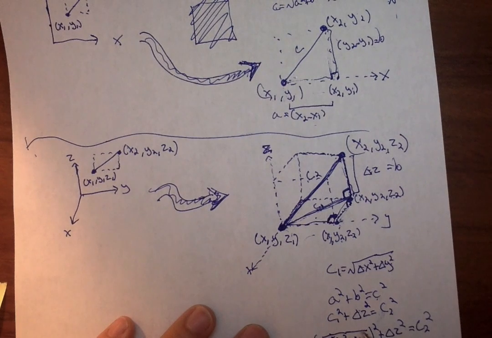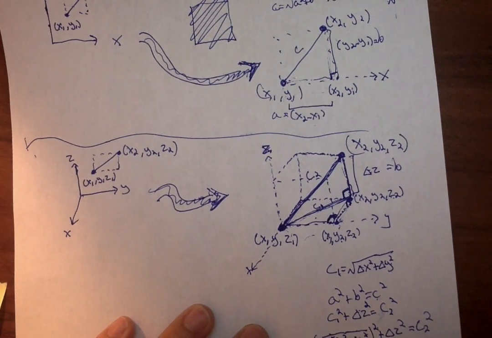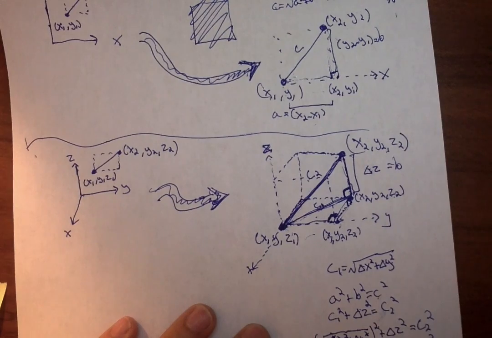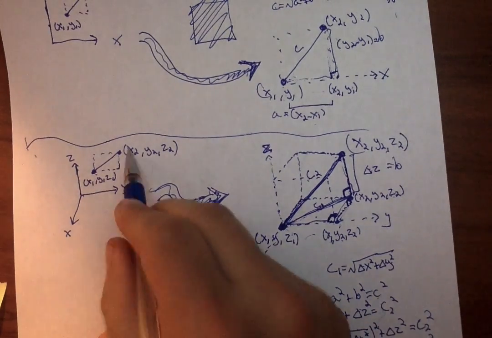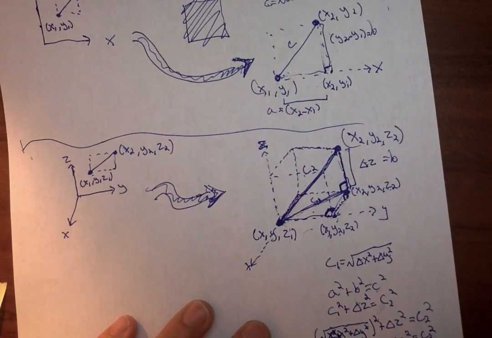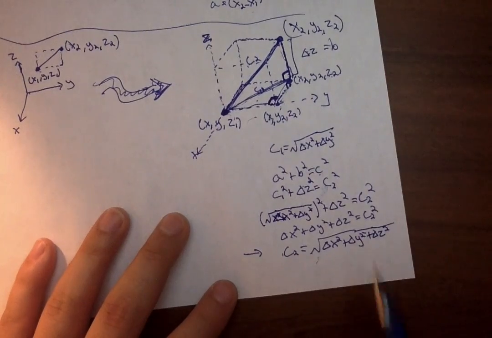You notice the square root cancels the square here, so I'm going to get change in x squared plus change in y squared plus change in z squared is equal to C2 squared, and therefore, as my final answer, the distance between these 2 points is going to be the square root of change in x squared plus change in y squared plus change in z squared. I said that wrong, but this is the correct formula right here.